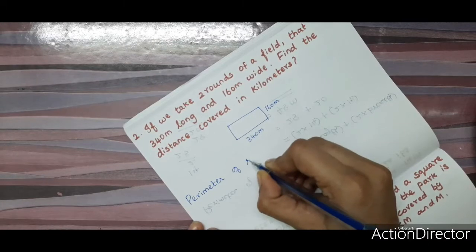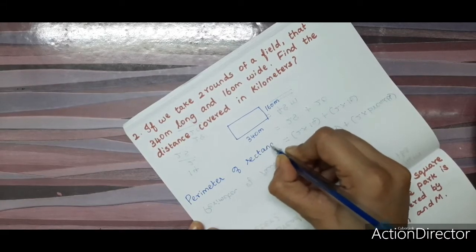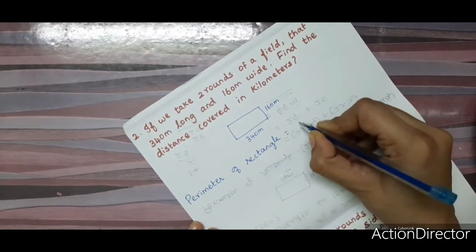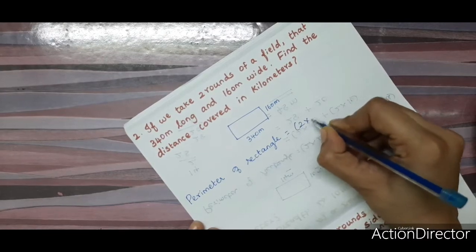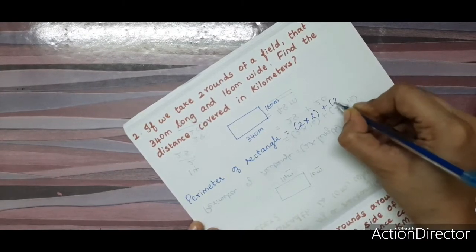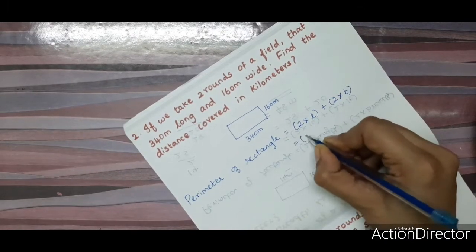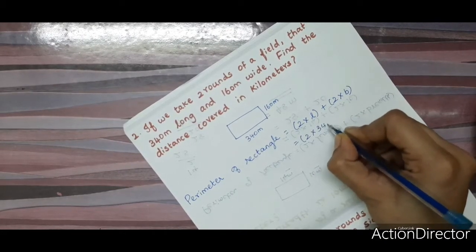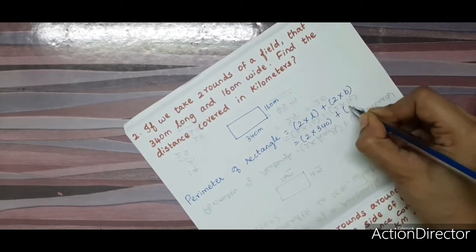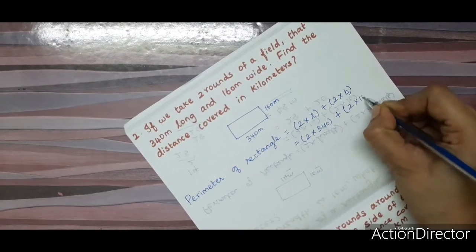Perimeter of rectangle is 2 into length plus 2 into breadth. The value for length is 340 and the value for breadth is 160.